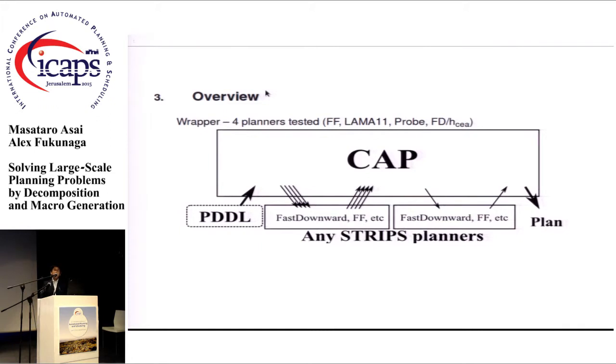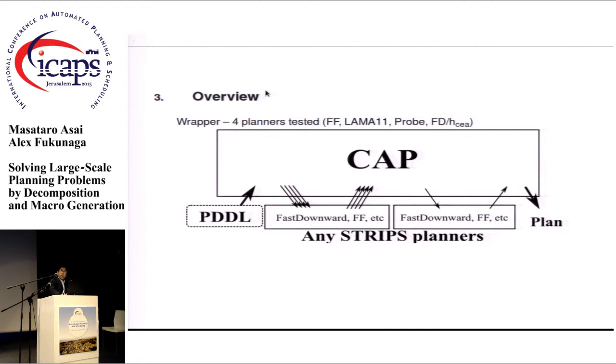So we describe the overview of our system. It basically has two steps that use underlying planners. We tested four planners: FF, FD Llama 11, Probe, and FD with context-enhanced additive heuristics.